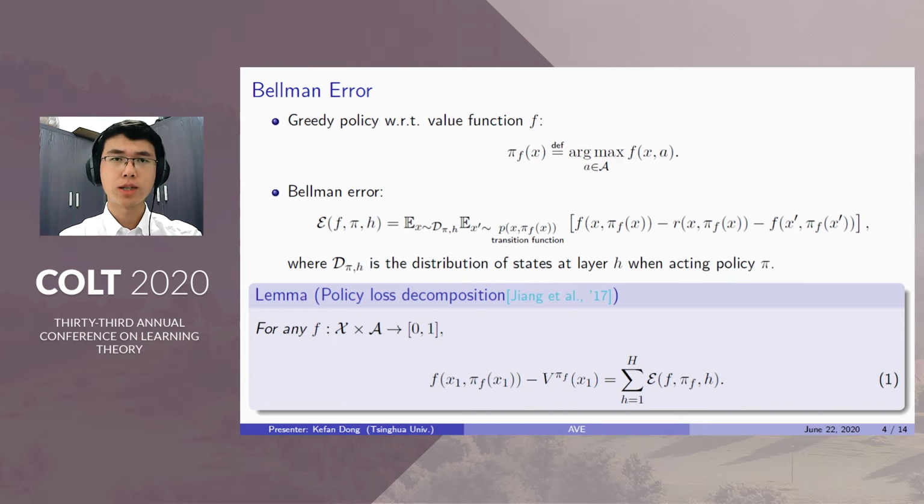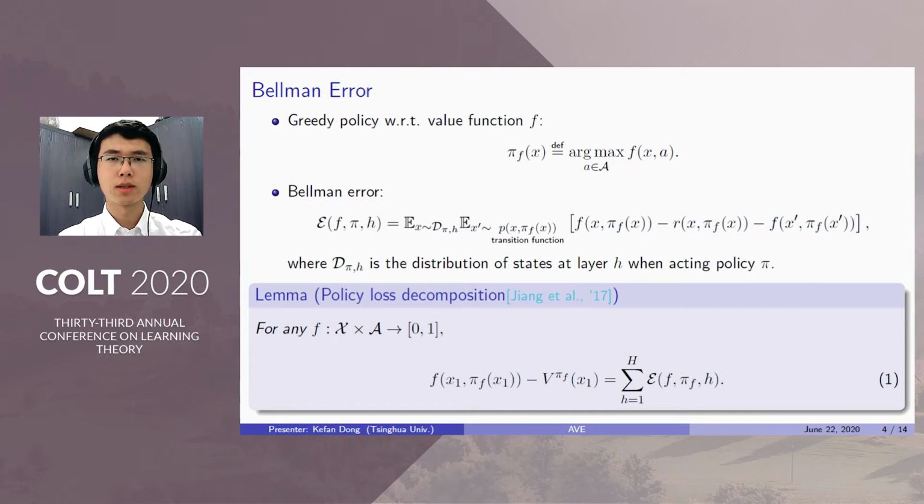First, we introduce some notations. For a given value function f, we use pi f to denote the greedy policy with respect to f. In particular, the greedy policy with respect to the optimal Q function is the optimal policy. Bellman error of a function f with respect to a roll-in policy pi and layer h is defined by the following equation.